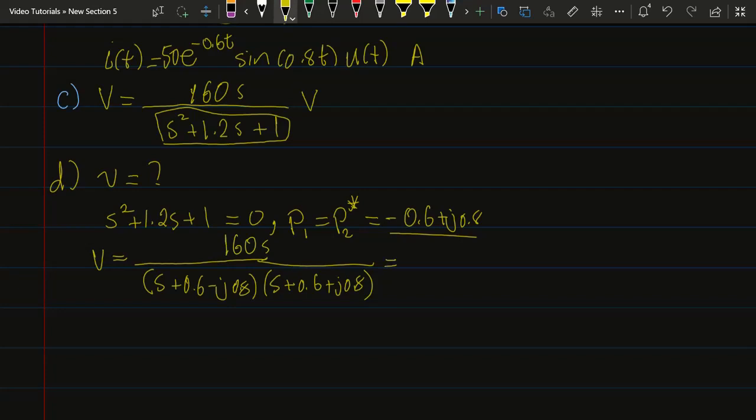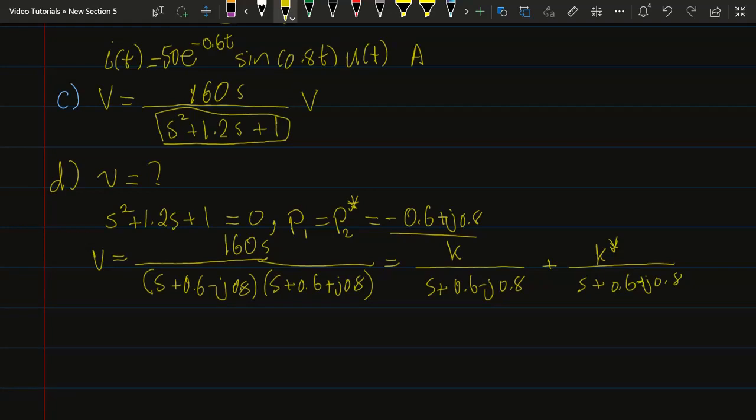and this can be broken to K over s plus 0.6 minus j 0.8 plus K conjugate over s plus 0.6 plus j 0.8, plus sign here.